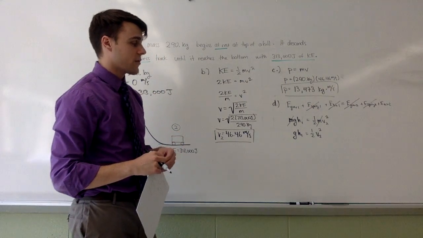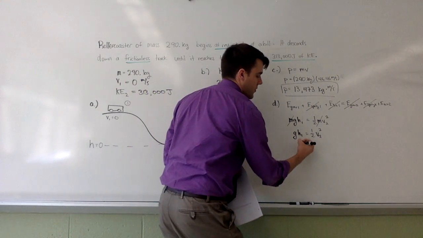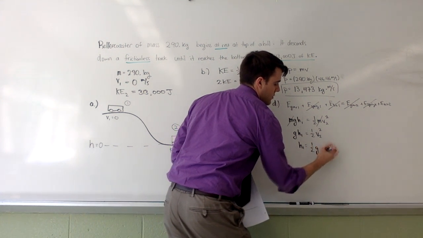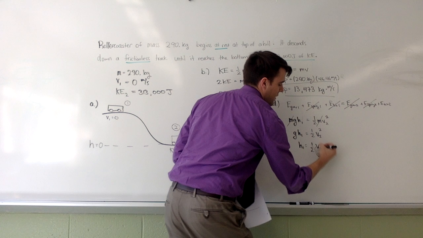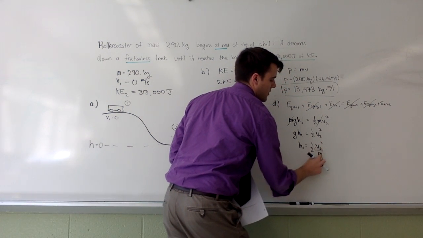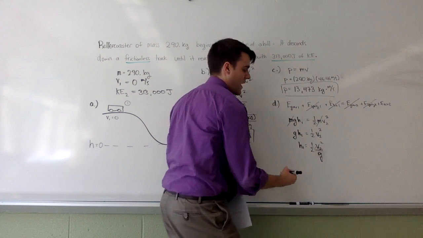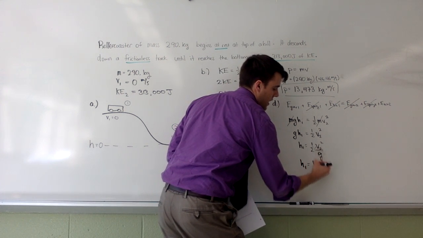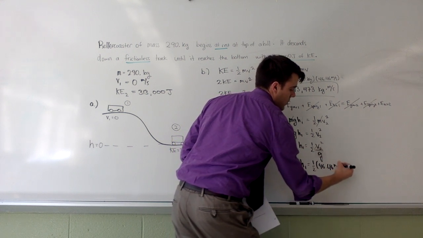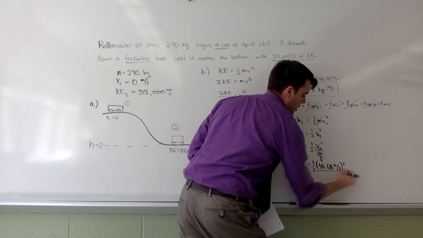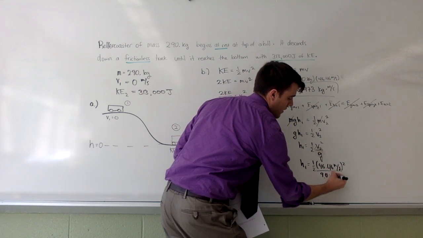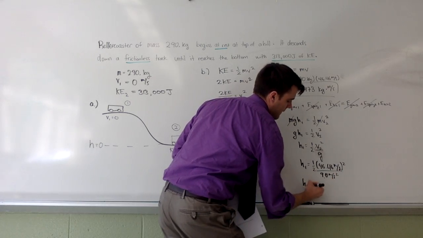So again, I'm looking for h1, so I'm going to go ahead and solve this for height 1. So I end up with 1/2 v2 squared over g. Apologies if that's hard to read. So I can just substitute values in now and find height. So I have 1/2 times my 46.46 meters per second squared over my value for g, which is gravitational acceleration, which is 9.8 meters per second squared.